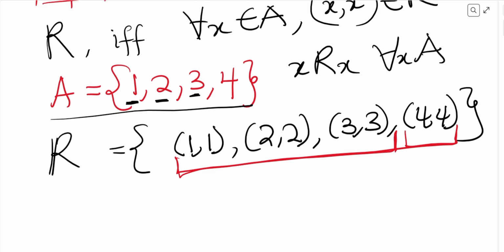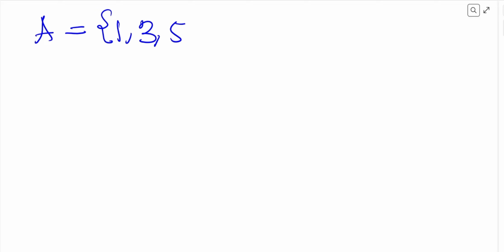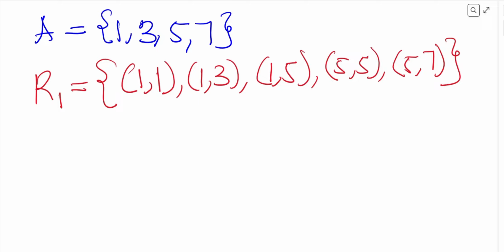Let's take an example. For instance, if we have a set A equal to 1, 3, 5, 7, and we have relations R1 given as, is this relation reflexive on the set A?